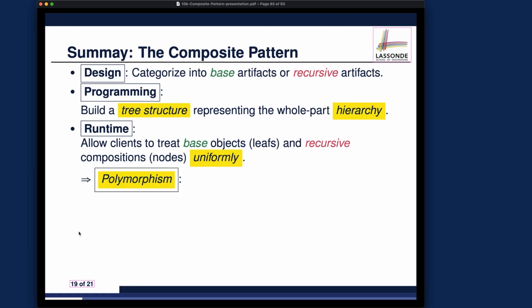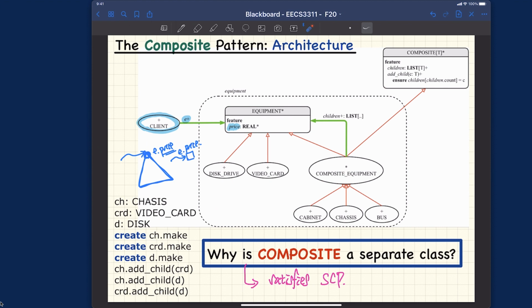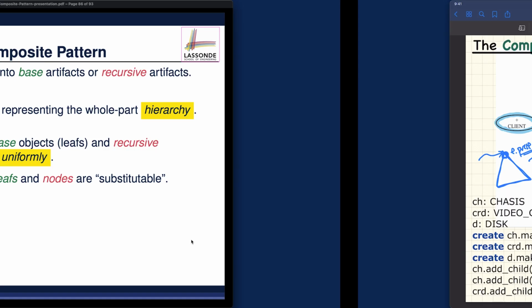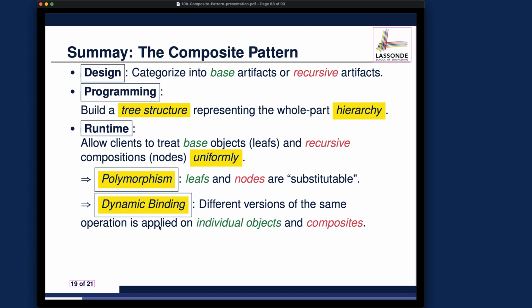Okay, and then for polymorphism, both the leaves and nodes are substitutable. Basically, you can think about, given equipment, I can substitute it either by the basic or I can substitute it by the composite, right? Because all of them are simply descendant classes of equipment. What about dynamic binding? Different versions of the same operations apply to individual objects and composites.